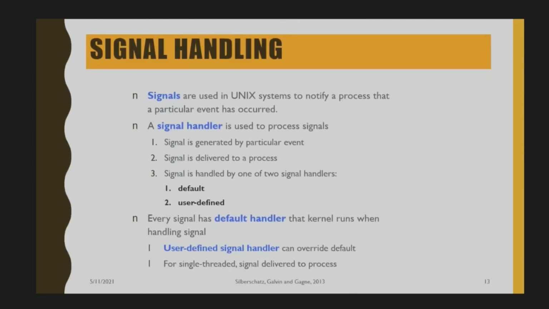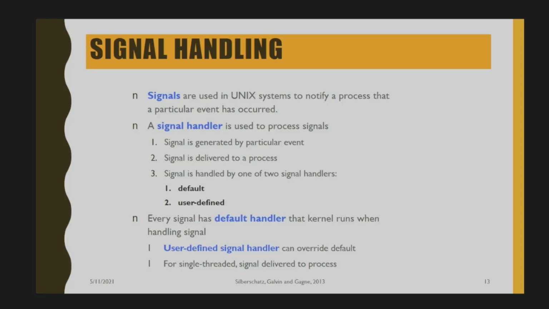Okay, this one is about signal handling, as I mentioned before. A signal is used for notification, and it is processed using the signal handler. A signal is generated by a particular event and delivered to a process.